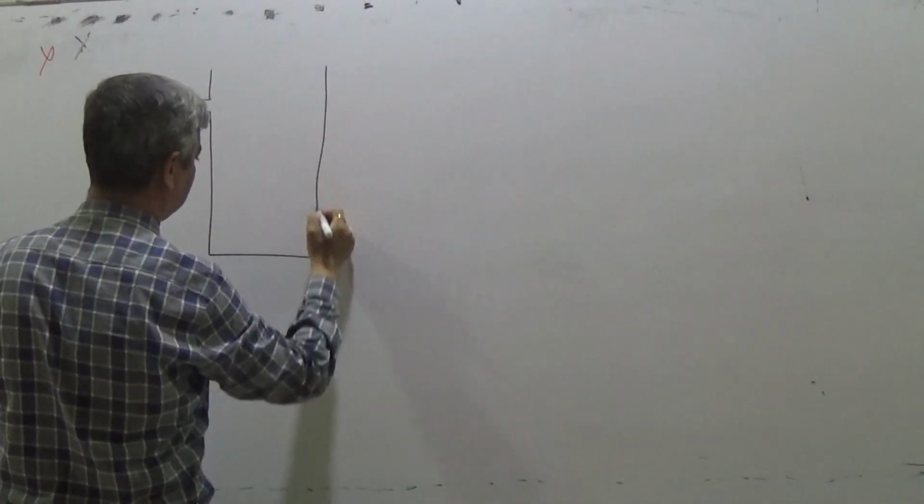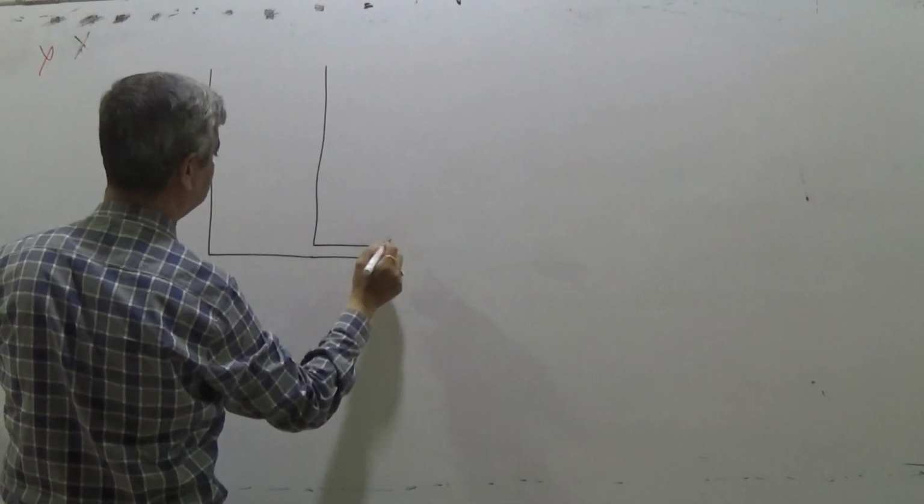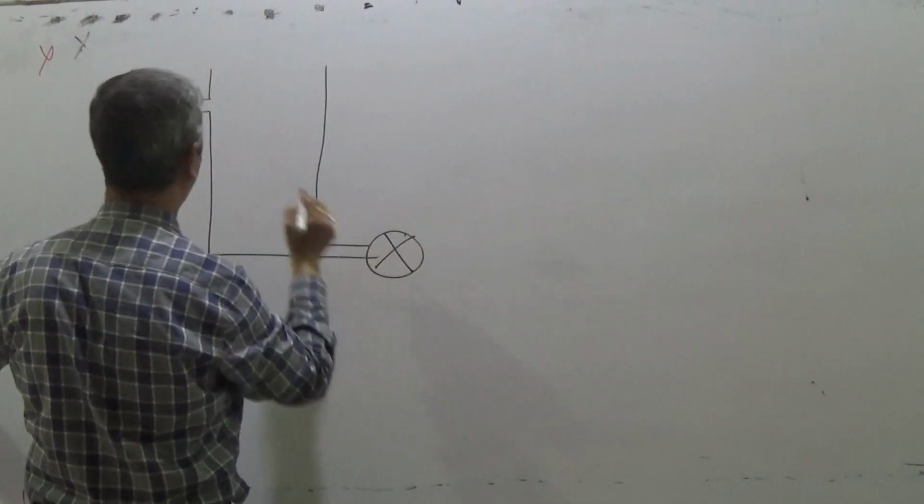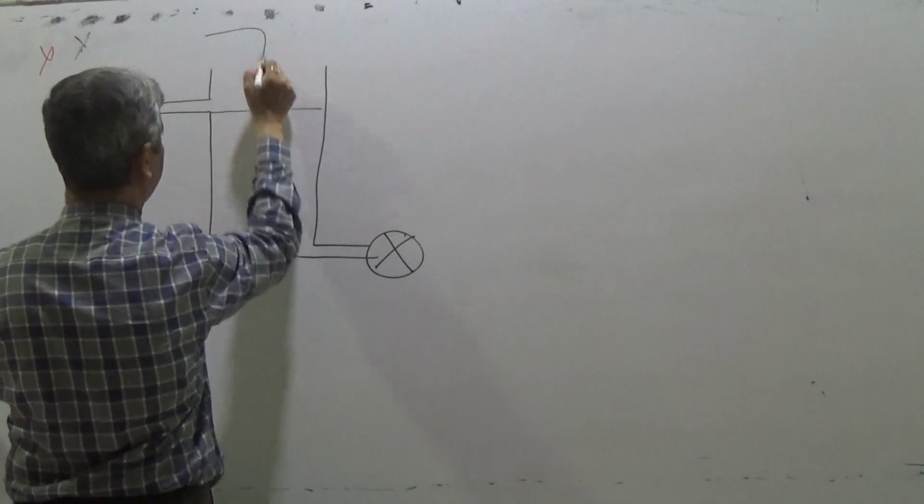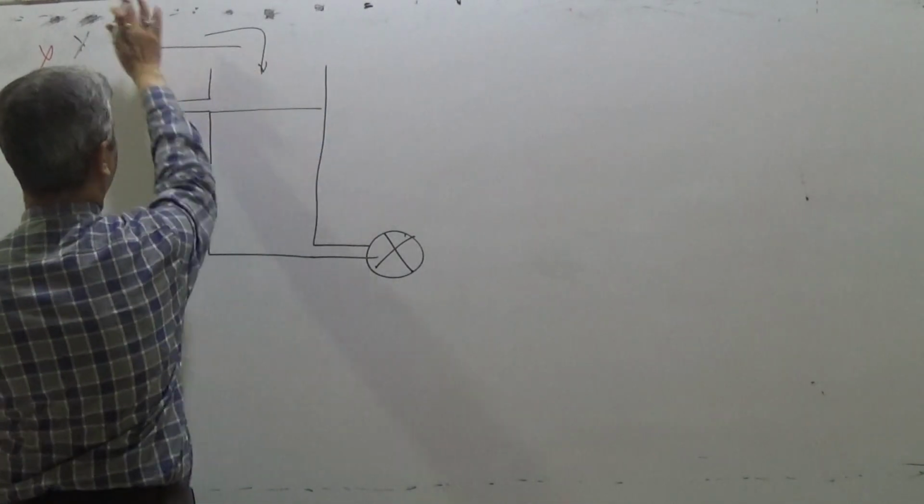This left hand side thing is same as it is. There is a valve, the tank is filled, the continuous water flow is there inside.